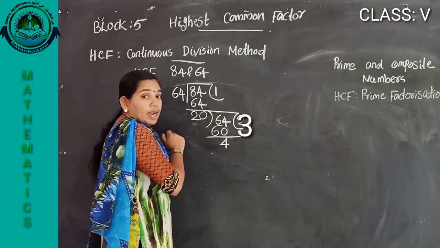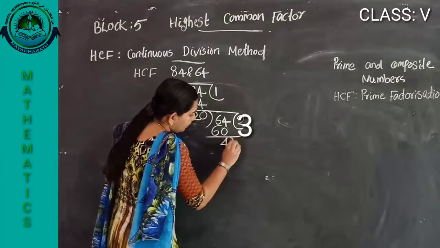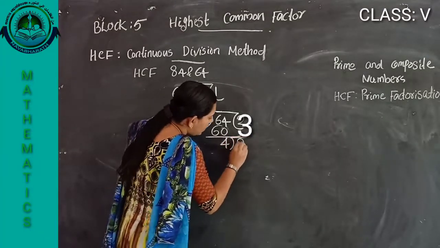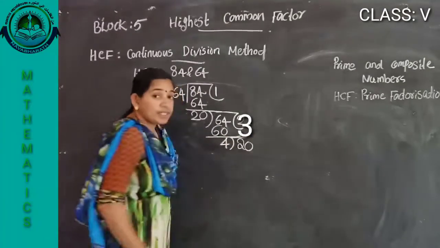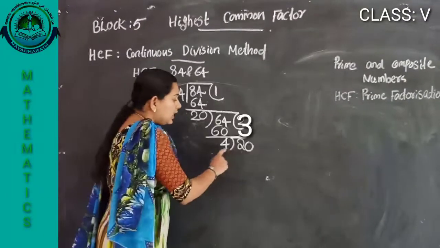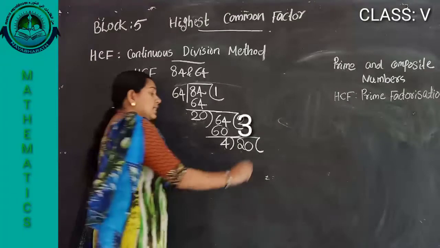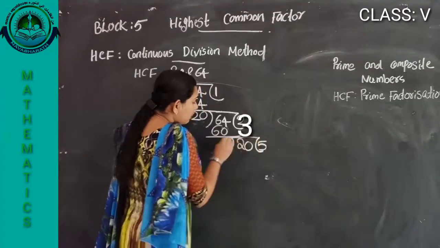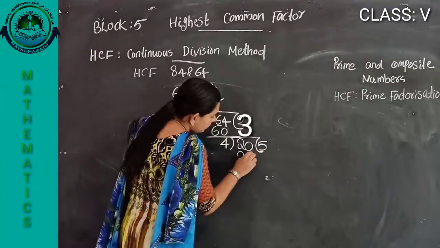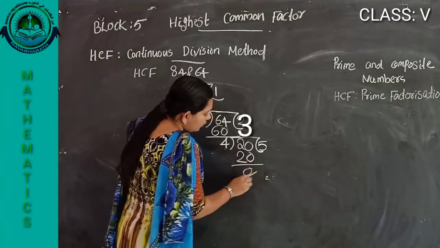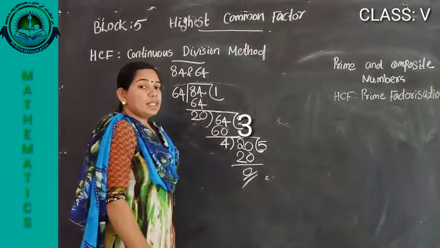So we divide 20 by which number? This difference. Here the difference is 4. So 20 divided by 4 is 5. 5 into 20 is 20. So we got the remainder as 0.